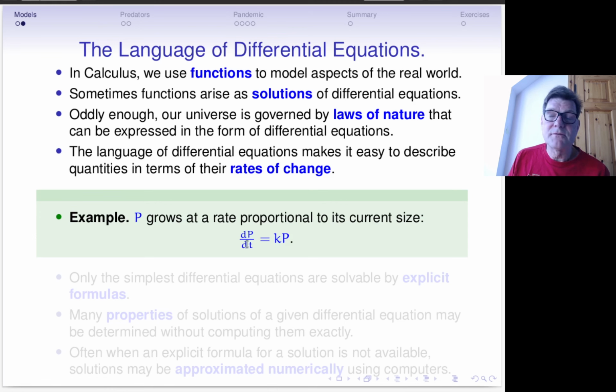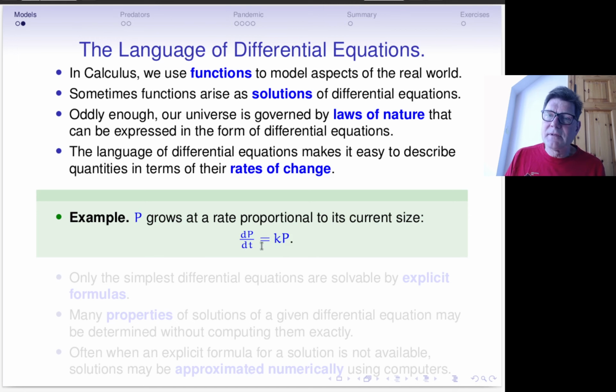It sets the derivative of p equal to some constant k times p. We know from there that we can solve this to get an exponential function as a solution for p, but the point here is the compactness of the language, how it allows us to describe processes and the rates of change in a very small space.